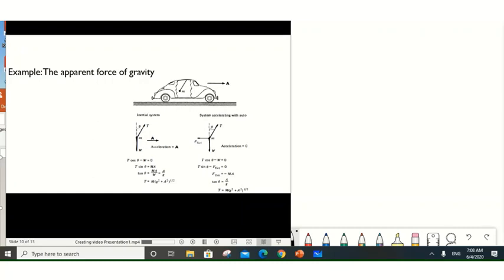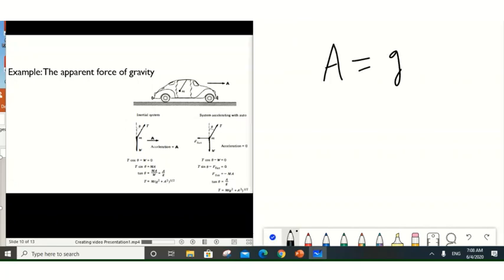So we get a is equal to g tan theta. If we know theta, the acceleration of the car can be determined. Here the pendulum acts as an accelerometer.